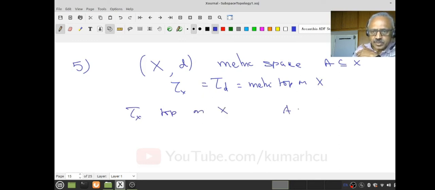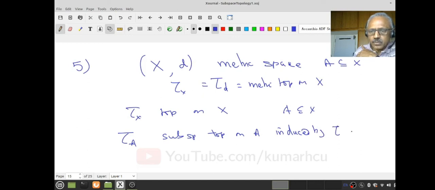Now A is a subset of X. Therefore, I can ask what is the subspace topology on A induced by tau X.